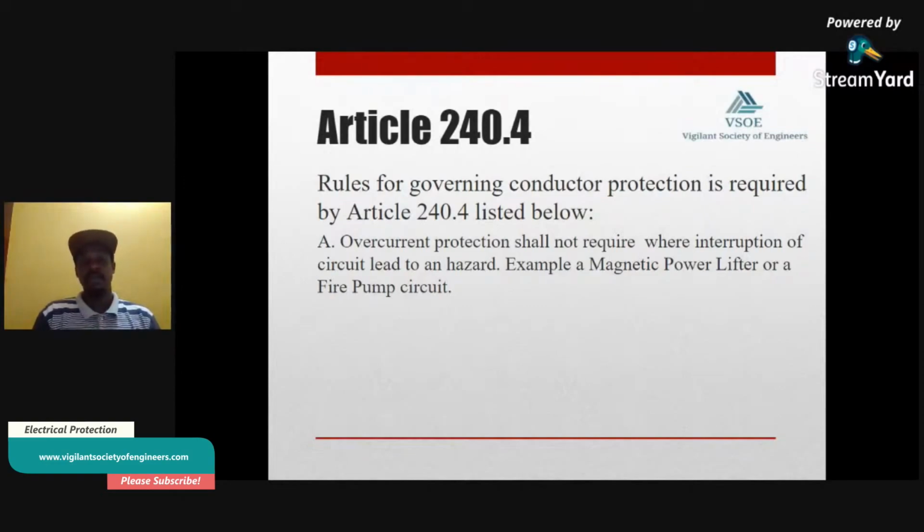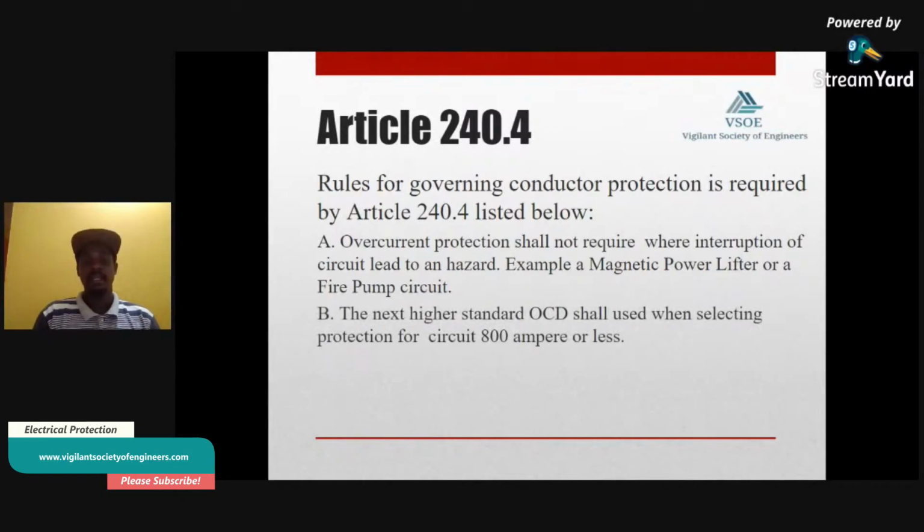So even if we have a ground fault situation, we should never have that magnetic pole lift released at any point in time due to a hazard that may be present. A fire pump circuit is the next circuit that we have to protect against disruption in terms of power, because once a fire is started, which we'll never know, the fire pump should have available power to deal with the fire that is present.